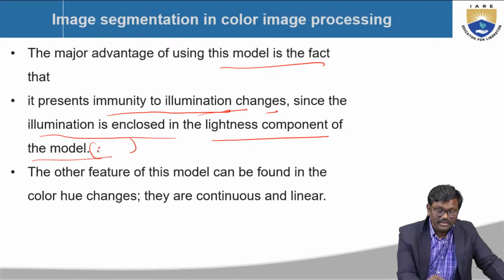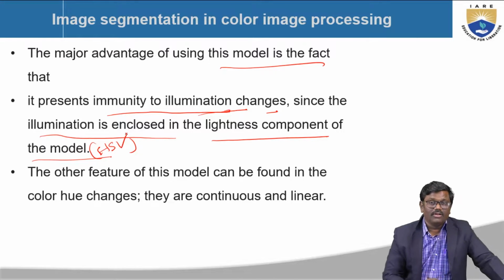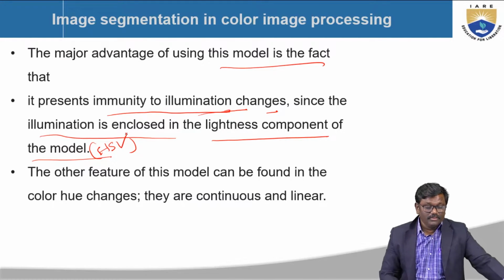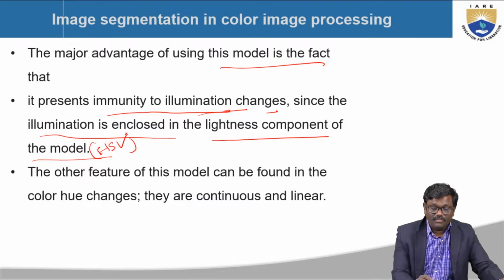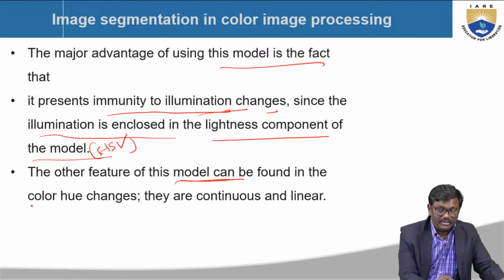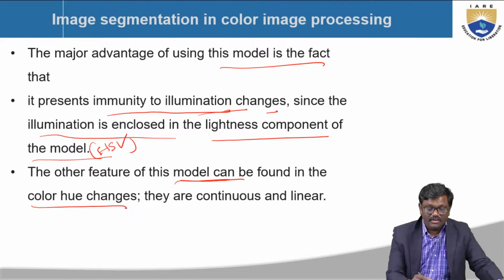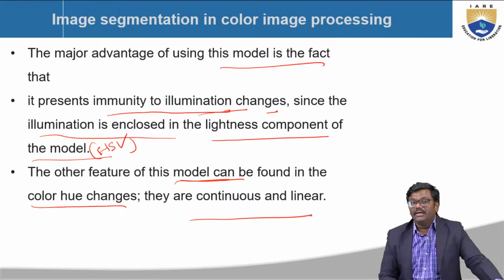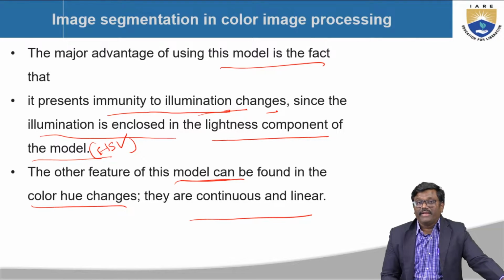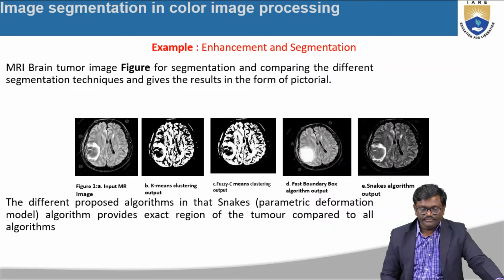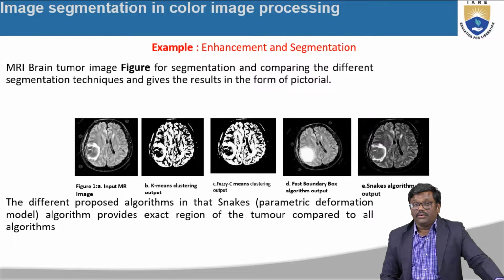Here the model is the HSV channel model. So that helps us find color hue changes, which have continuous and linear effects. Okay.